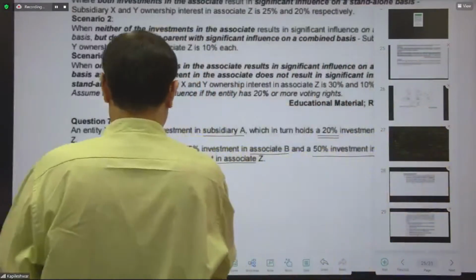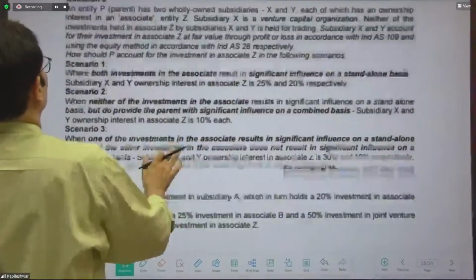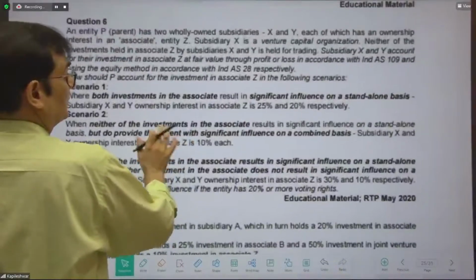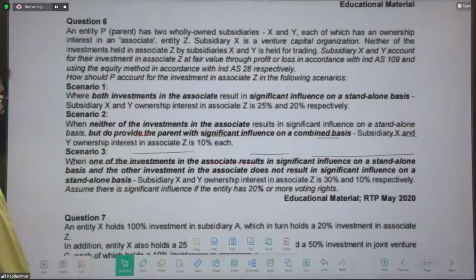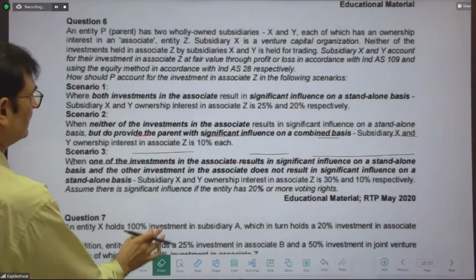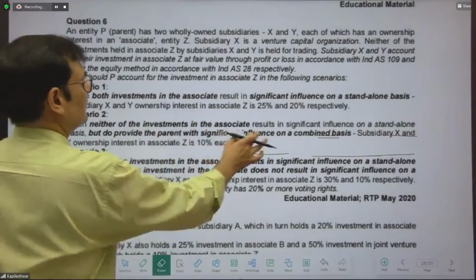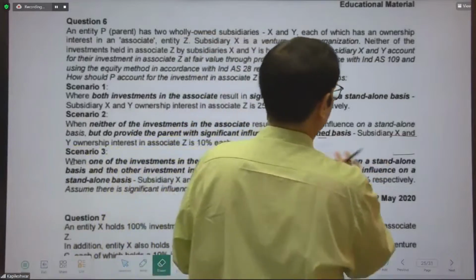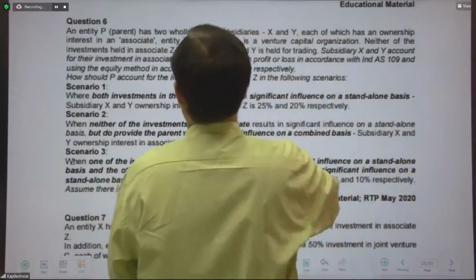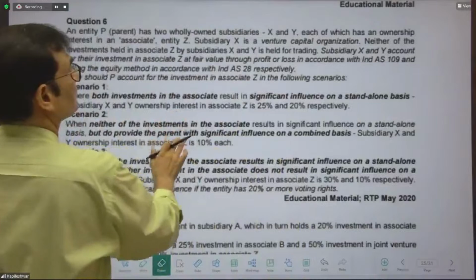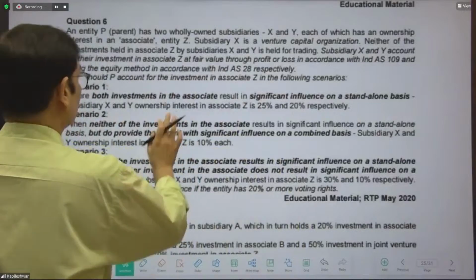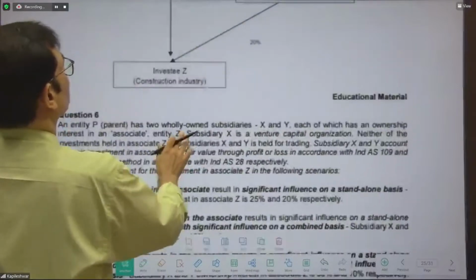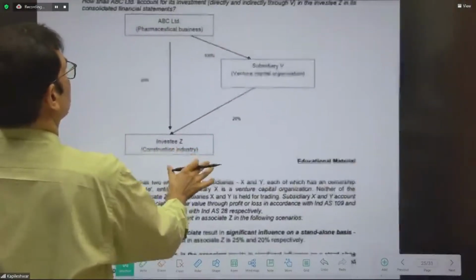No, this one, sorry. Let's go to this question. This is education material. It came in RTP May 20. It's in the education material as well. Let's have a look. There are three situations which are given. Let me see if there is any further question as well. Yes, there is another question as well.